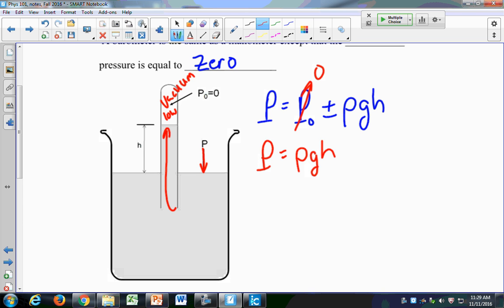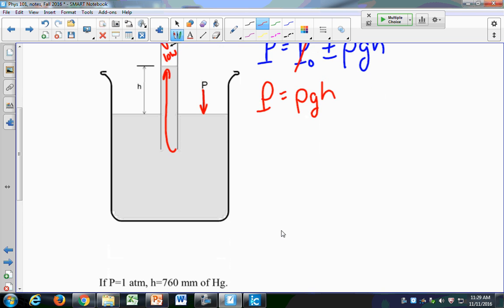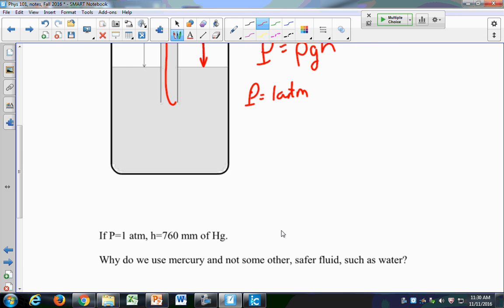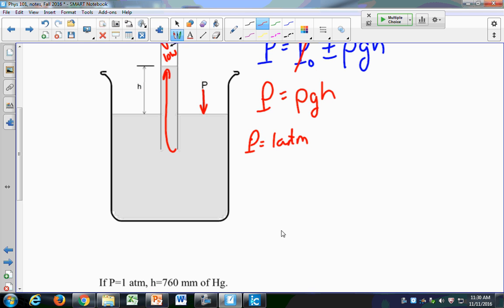And so, for example, if I wanted to know the height at 1 atmosphere, let's say that P is equal to 1 atmosphere. Let's say that I use mercury.